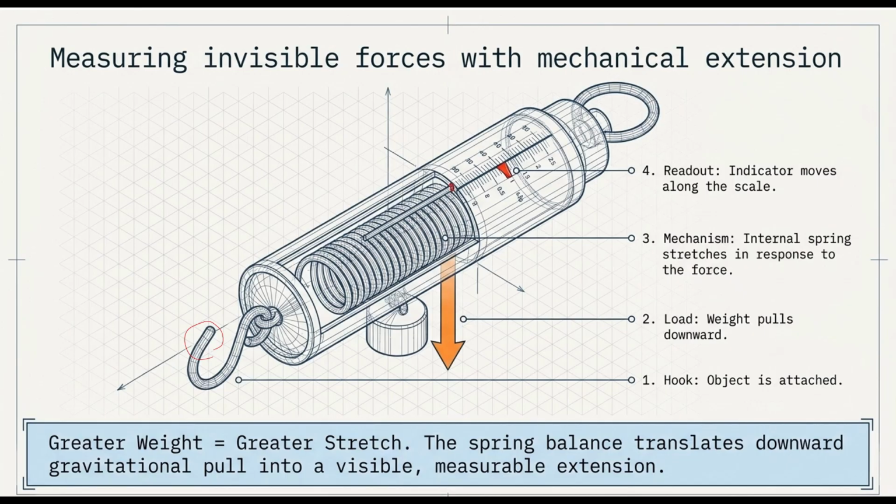This simple principle allows us to convert an invisible force into a visible and measurable quantity. That is why we are using it. We have a readout that moves along the scale. In the mechanism, the internal spring stretches in response to the force. And the load, the weight, pulls downward, with the object attached to the hook. These are the parts. The greater the weight, the greater the stretch.